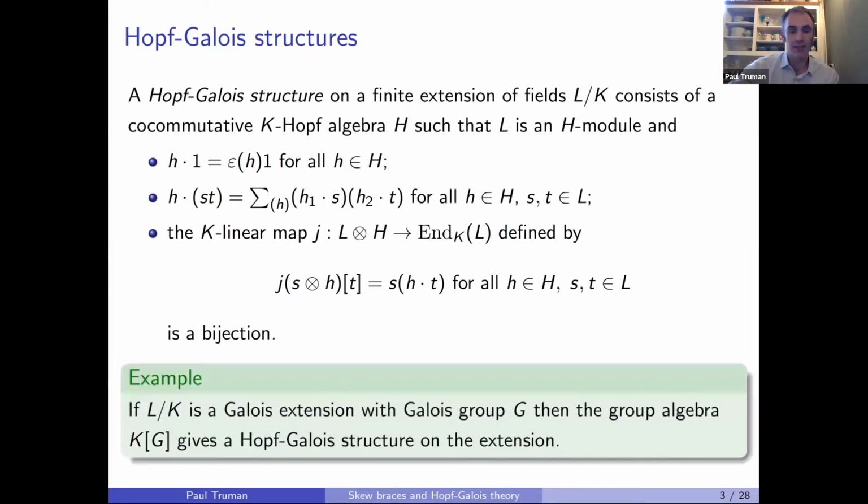And the standard example is if I actually do take a Galois extension of fields with Galois group G, then I can build the group algebra KG. That's a Hopf algebra, and that satisfies all of these conditions. That's the prototype for a Hopf-Galois structure on a field extension.